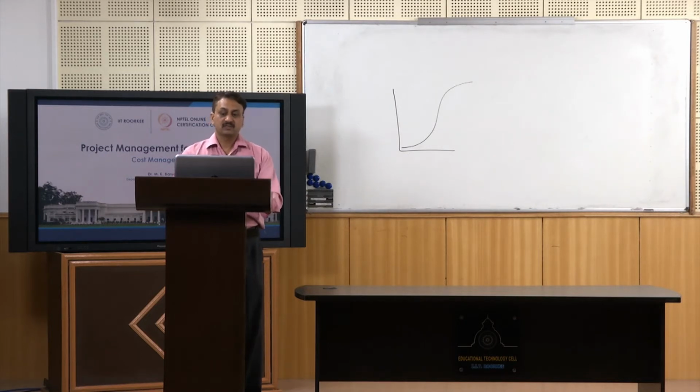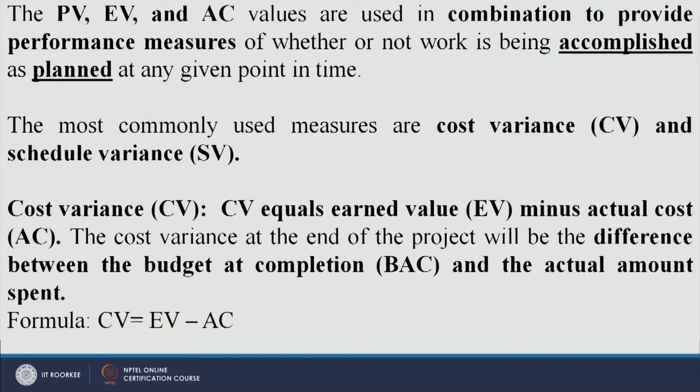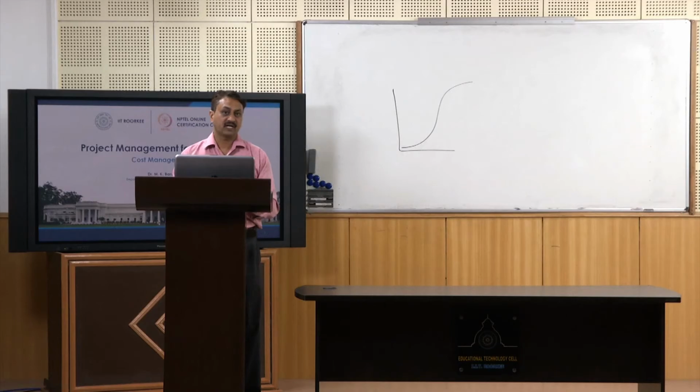We will use planned value, earned value and actual cost in combination to provide performance measures of whether or not work is being completed as planned. So a combination of these three, planned value, earned value and actual cost, would be used to see the performance of the project.